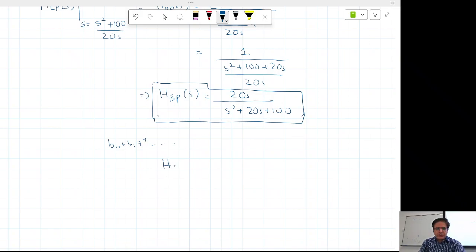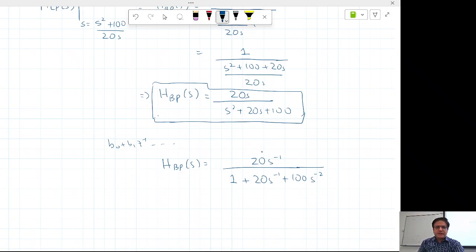The corresponding transfer function in the standard form is going to be 1 plus 20 S to the minus 1 plus 100 S to the minus 2 in the denominator, and in the numerator you'll have 20 S to the power minus 1. From here, you can compute the numerator coefficients and denominator coefficients.